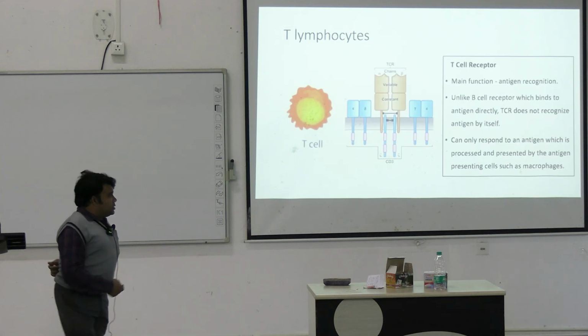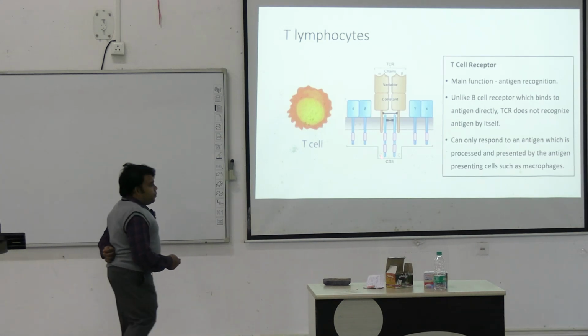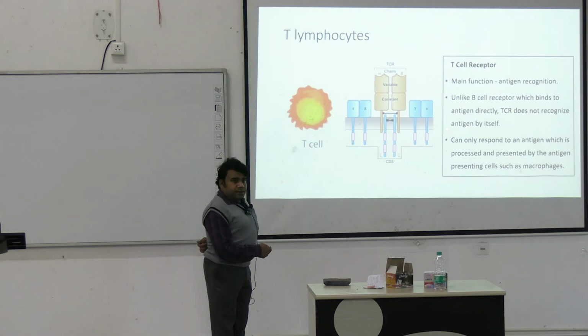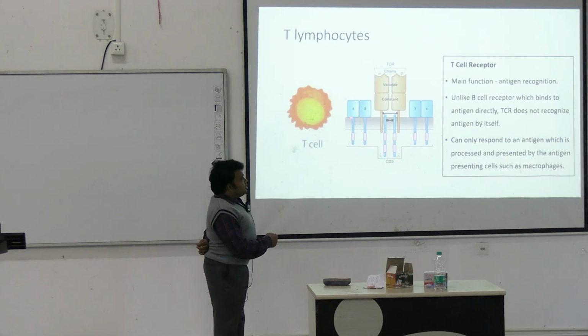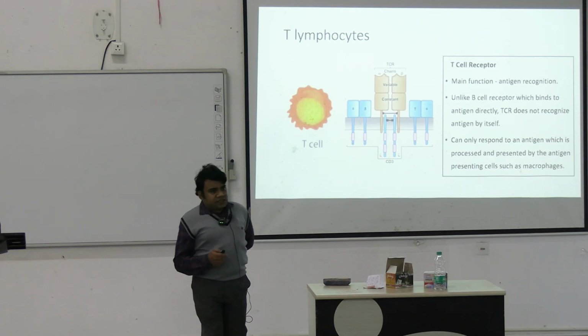Now, in this T cell receptor, if you look over here, there is a particular protein called CD3 that is present within the cell. Two more proteins are present. One is the alpha, and if you look over here, there is a delta and a gamma. Some T cells will have alpha and beta, so commonly we call them CD4 or CD8 cells.